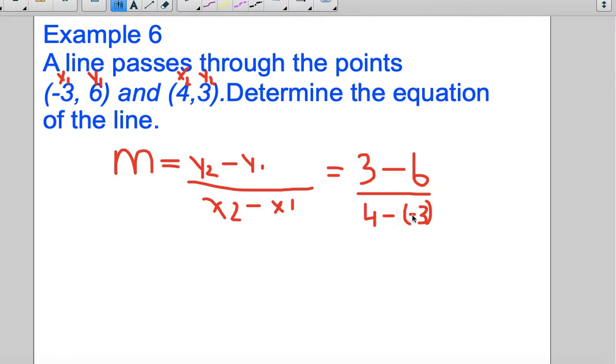It's minus -3. And you will know that these two negatives make a positive. So when we solve this, we have 3 minus 6, which gives us -3. And then you have 4 plus, because two negatives make a positive, 3, which would give us a slope of -3/7.